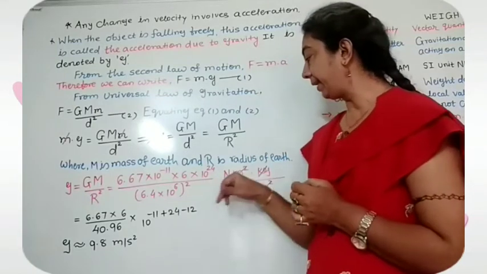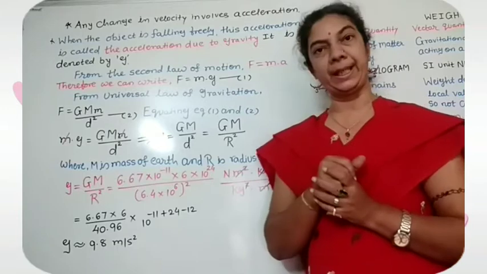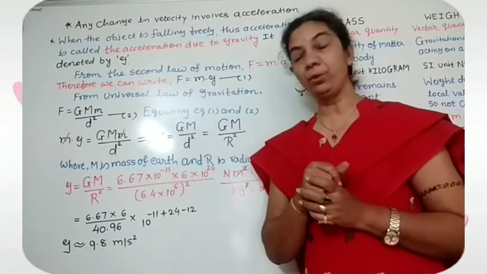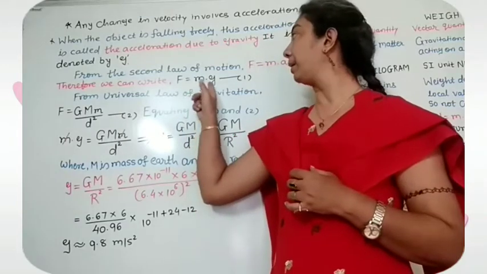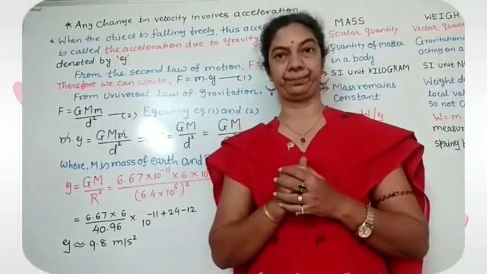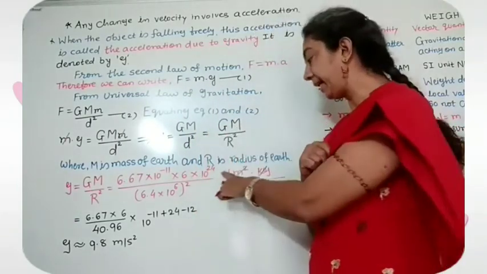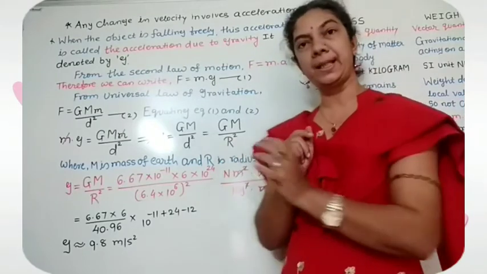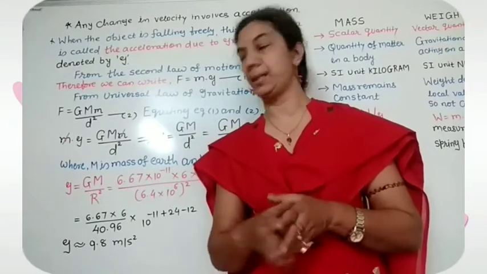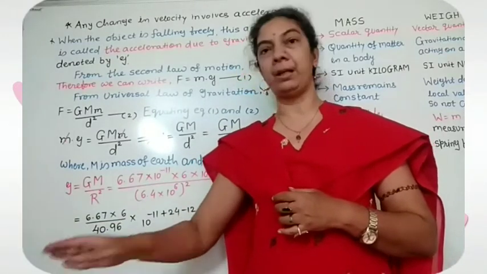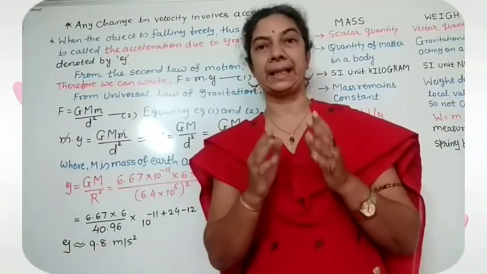By cancelling this we get N upon kg. But we know that Newton is once again kg into meter per second square. So again that kg will be cancelled by this kg, and meter per second square remains. That is the proof that the quantity is acceleration.